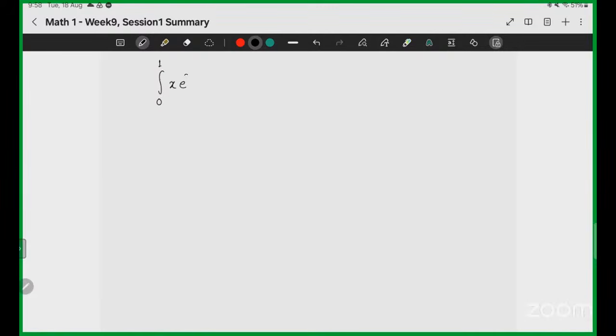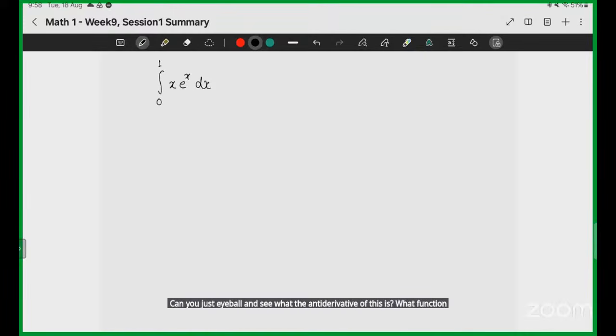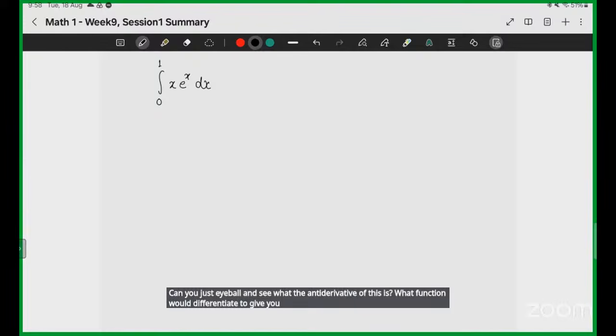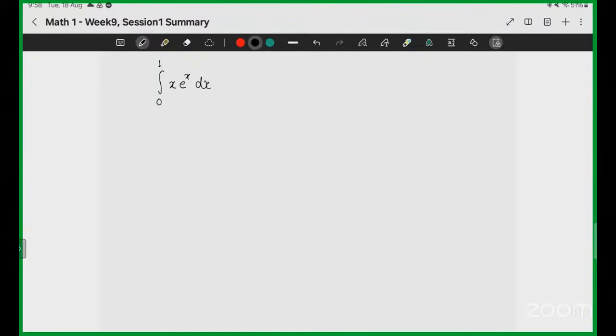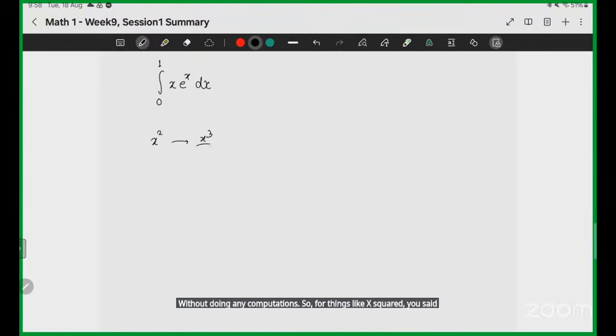something like x e to the x dx, can you just eyeball and see what the antiderivative of this is? What function would differentiate to give you x e to the x? Without doing any computations. So for things like x square, you said the antiderivative is x cubed by 3.